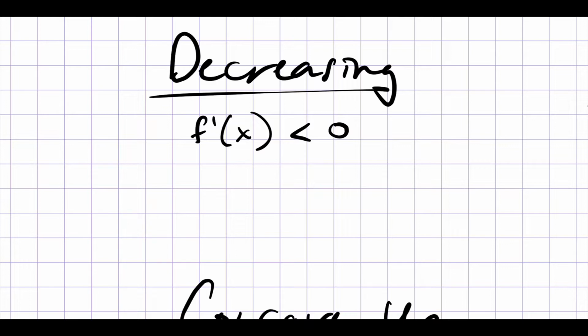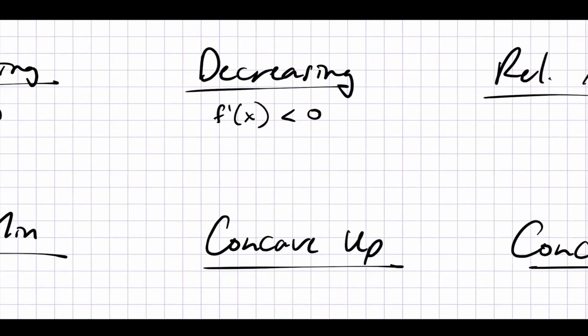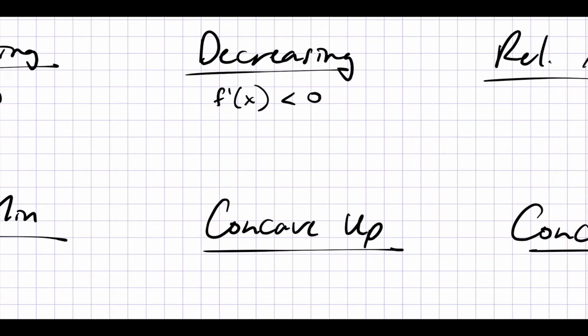What happens in the middle? So we have positive, we have negative. What's in the middle of positives and negatives? What happens then? Concave. Not concave.